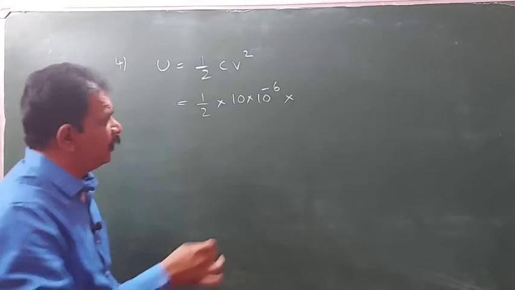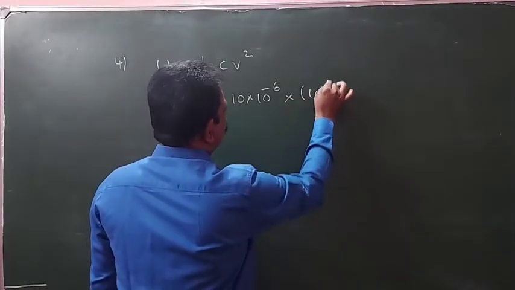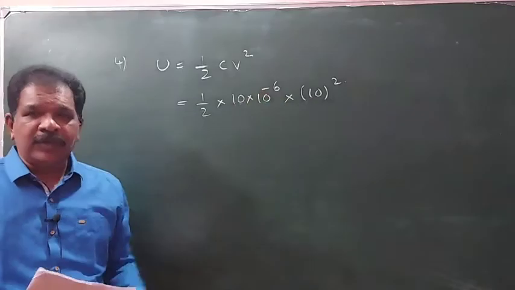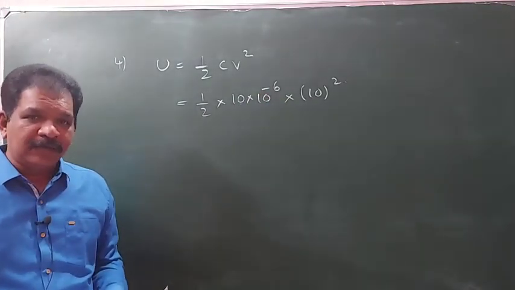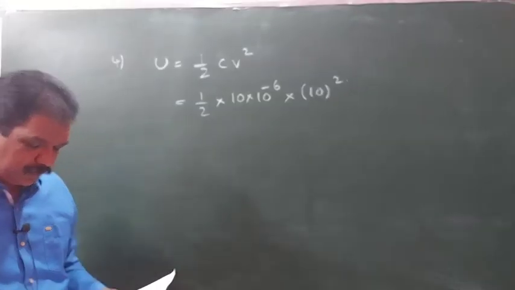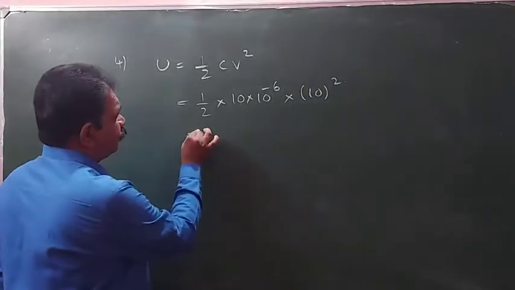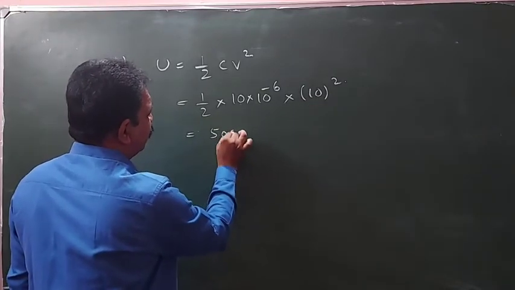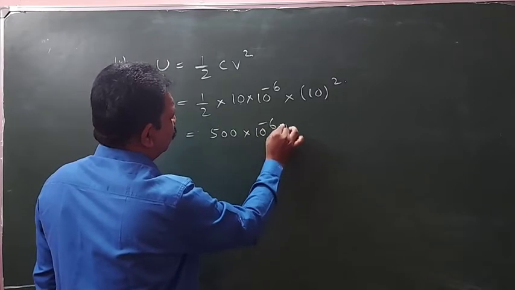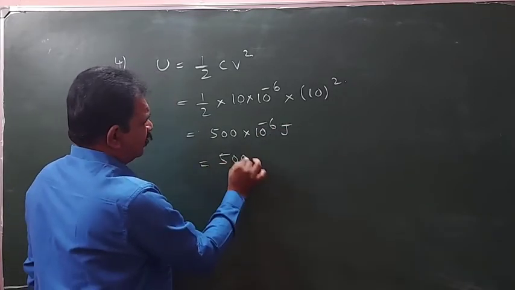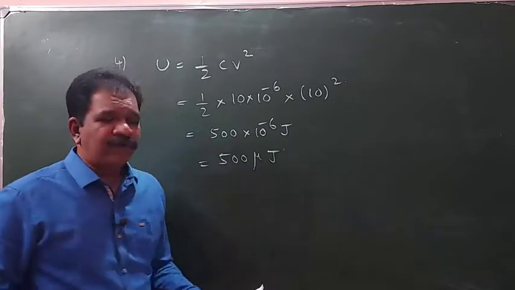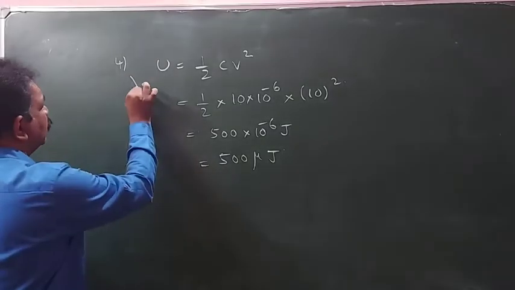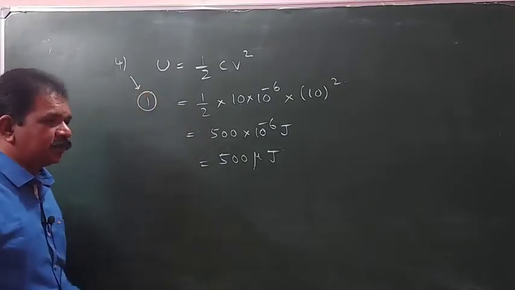V value will be 10 whole square. So 10 cube into 10 power minus 6. This will be 10 power minus 3. Or you do one thing, 1000 by 2 means 500 into 10 power minus 6 joules. Energy will be 500 microjoules. So fourth one, it will be first option.